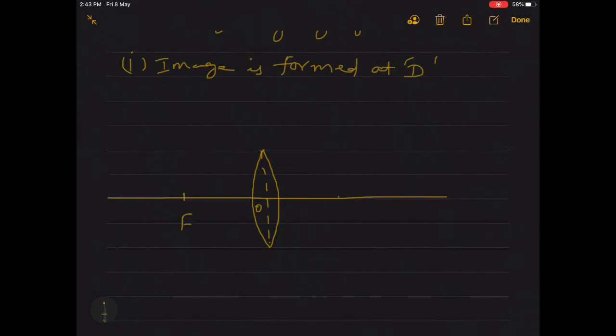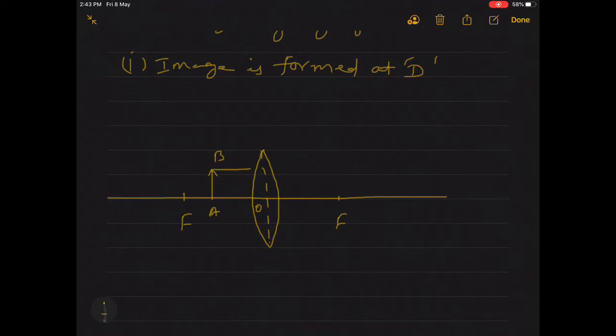The same distance we would take in the right side as well. So when object is placed between F and O, let this object is AB.